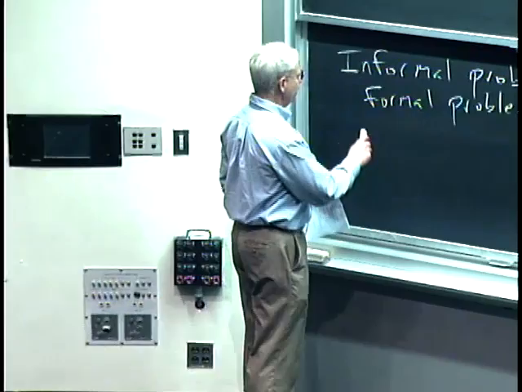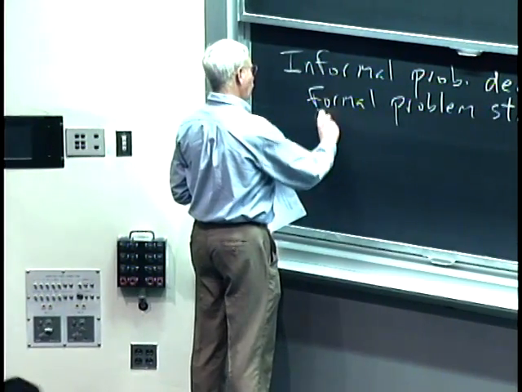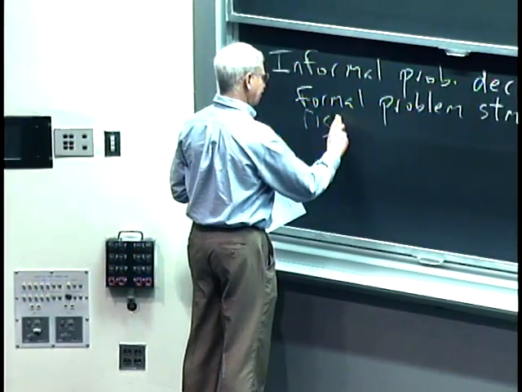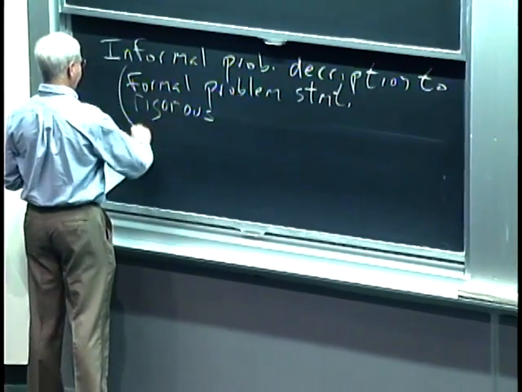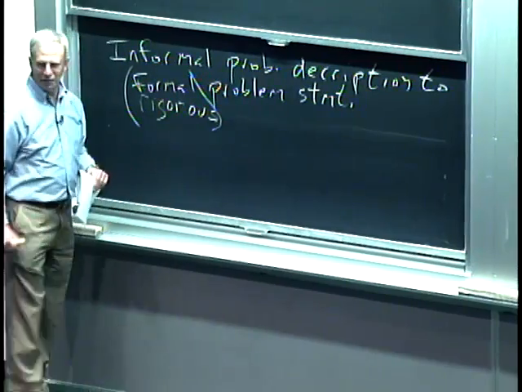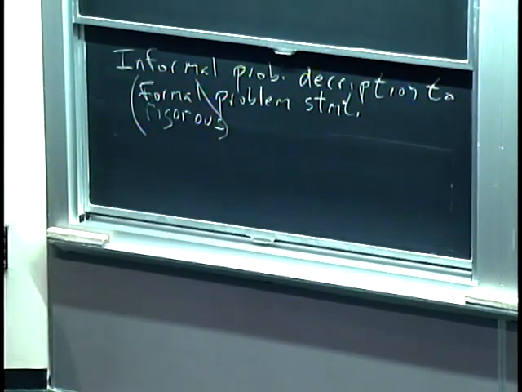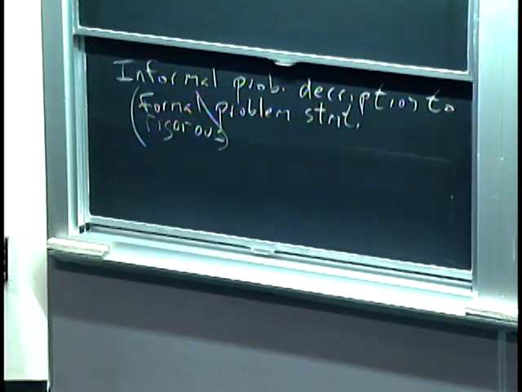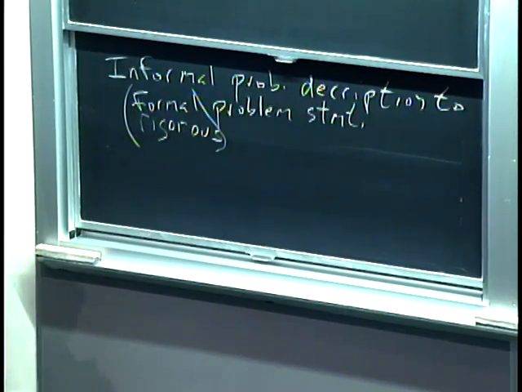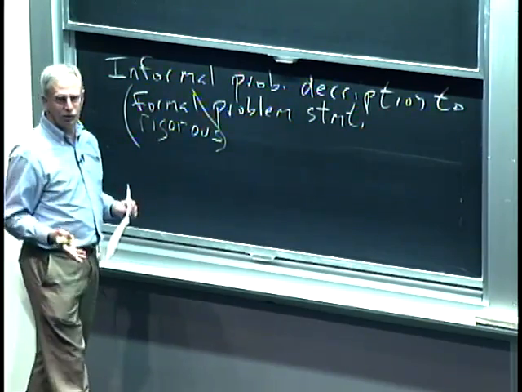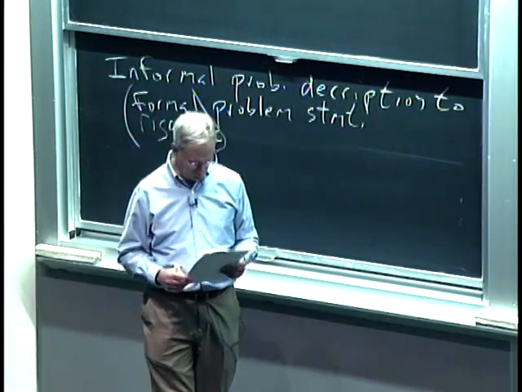And we won't always be totally formal. I often like to use the word rigorous instead of formal, implying that it won't look like math per se, but it'll be precise and relatively unambiguous. So that will be one thing that I want you to think about as we go through these problems.